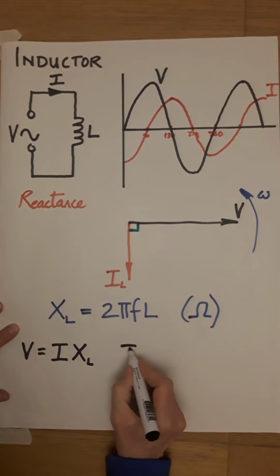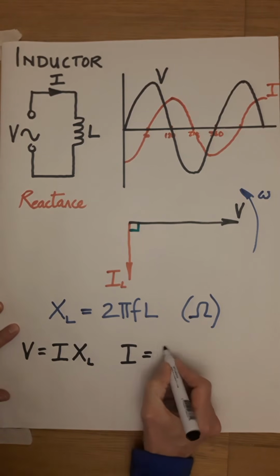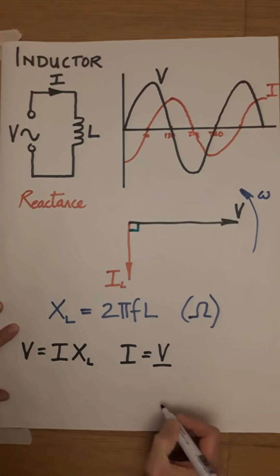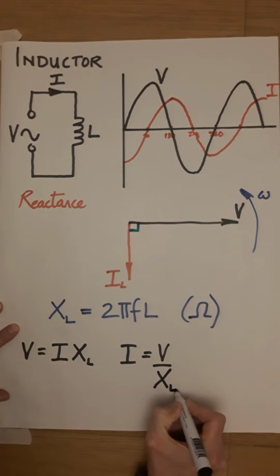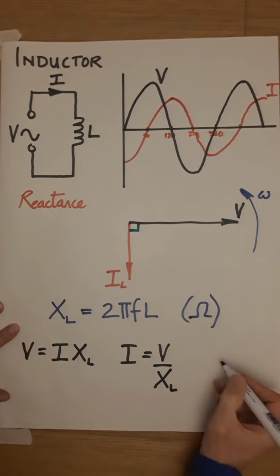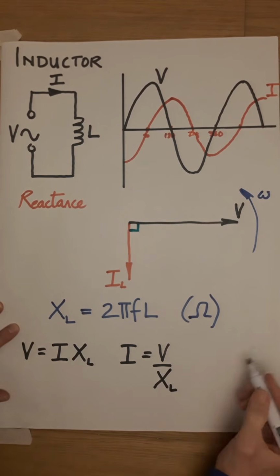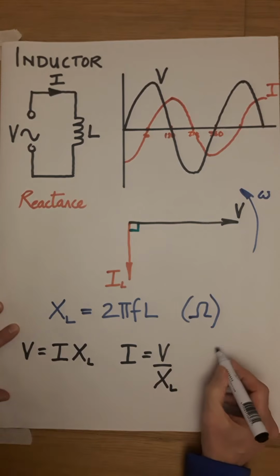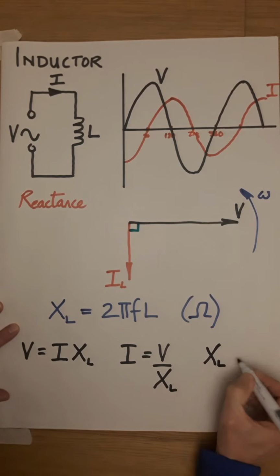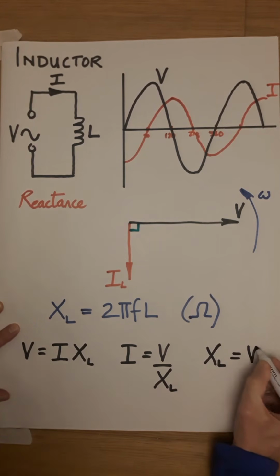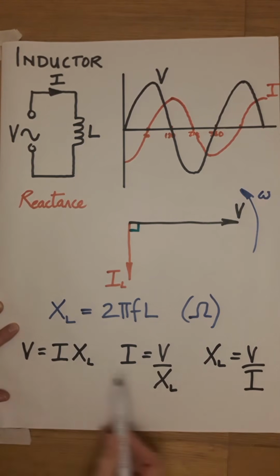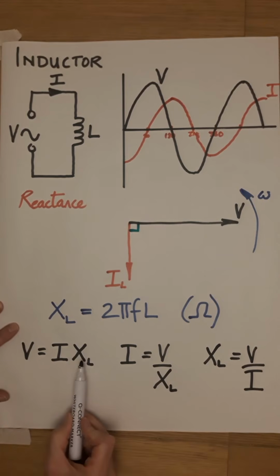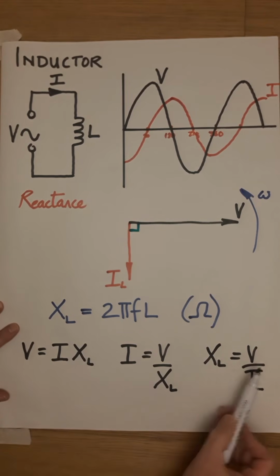I equals V over R. It's not R. We replace R with XL. And the final formula, R equals V over I. It's not R, it's XL equals V over I. So this is still Ohm's law. We've just changed the letter. We've gone from R to X.